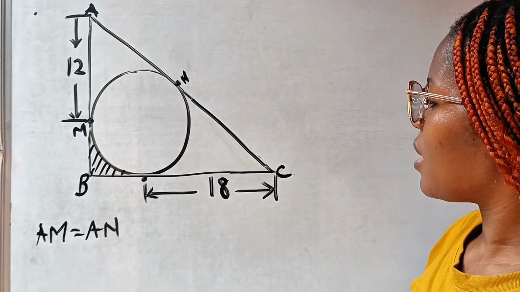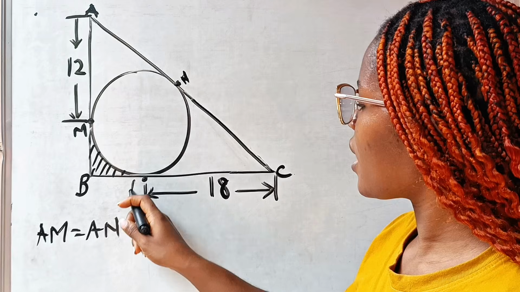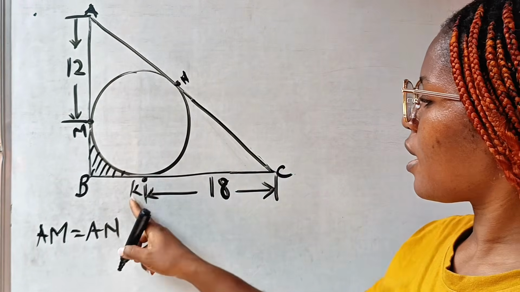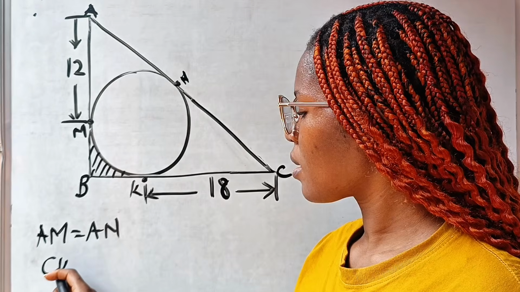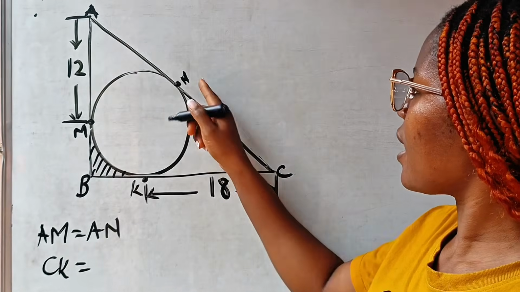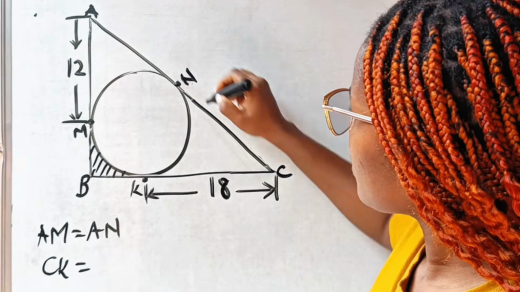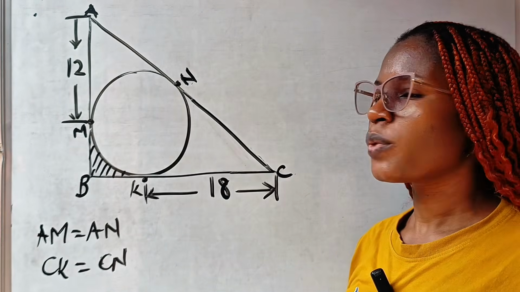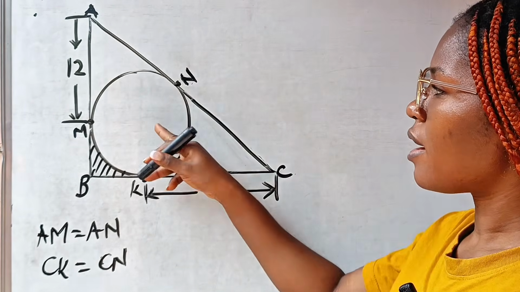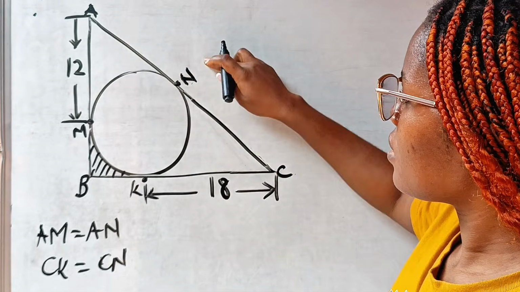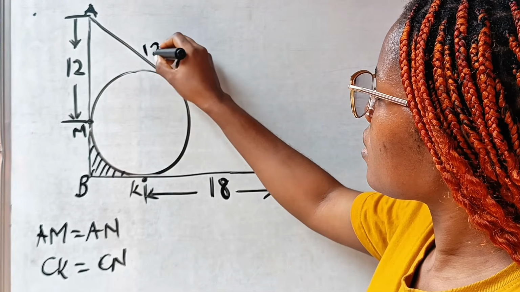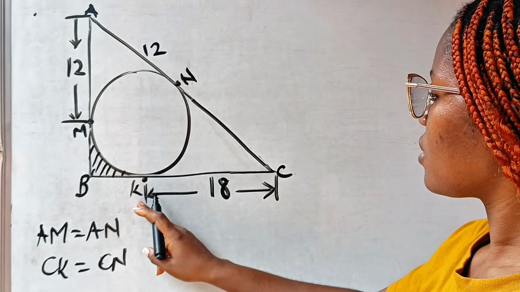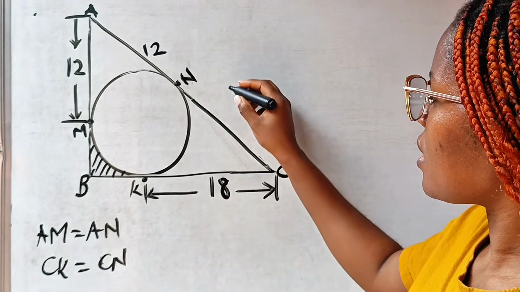Similarly, if we call this point K, we can say that CK is also equal to CN. Therefore, we can now rewrite this diagram as AN should be 12, and CN, which is equal to CK, should be 18.